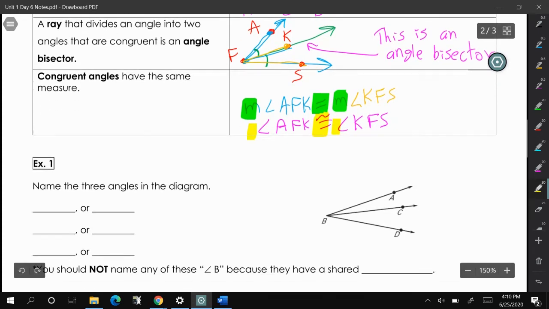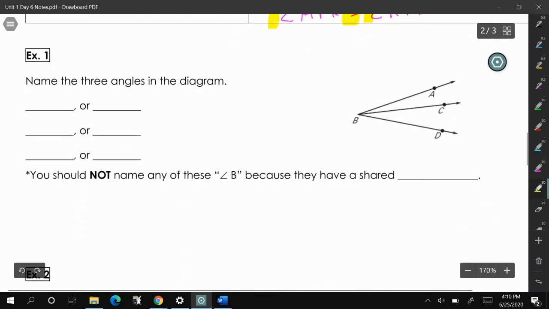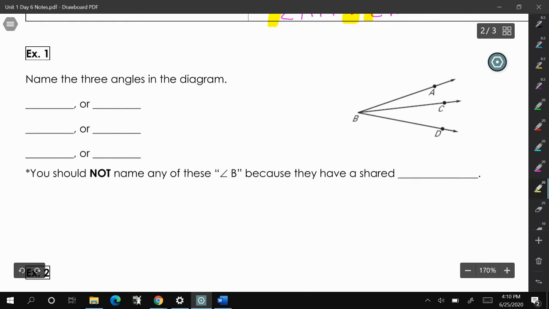Let's look at some examples. Name three angles in the diagram. So we have this whole angle ABD, or angle DBA.